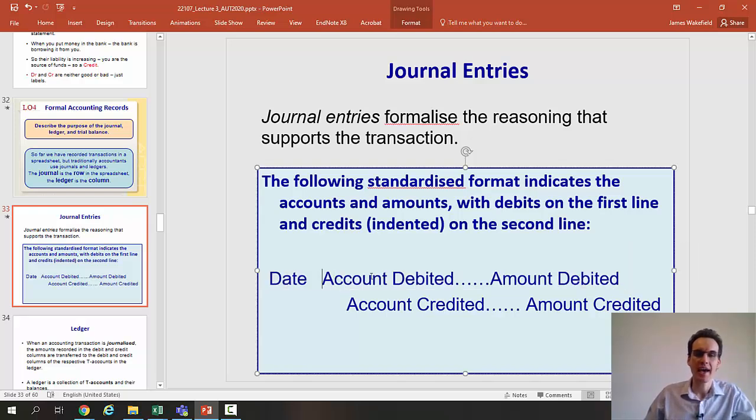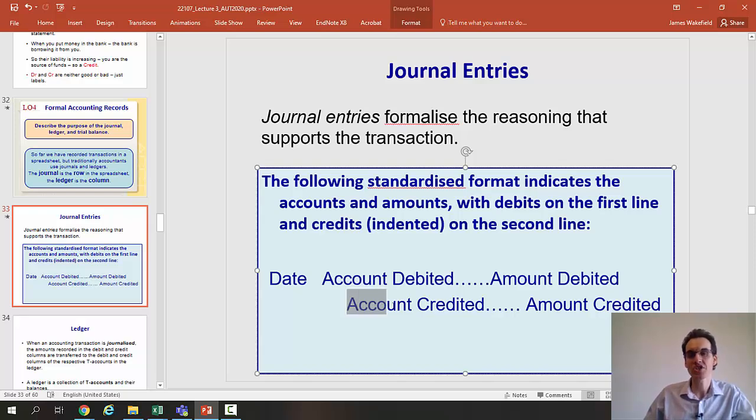So you have the account you debit, which could be cash. So if we're receiving cash from a customer, we debit cash for the amount we are receiving. If that cash was received as a result of selling an asset, then we would credit in this case.